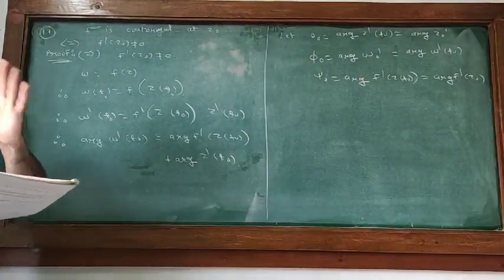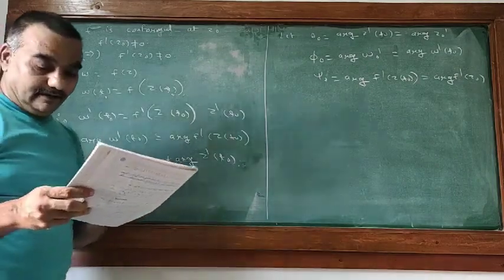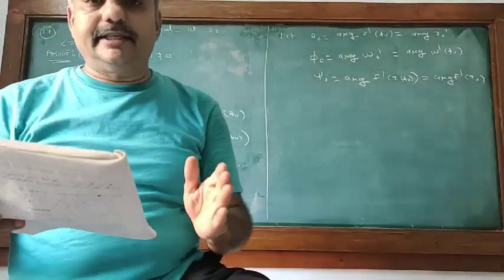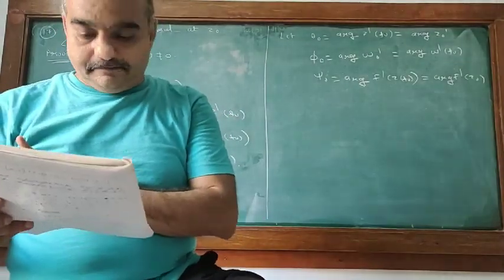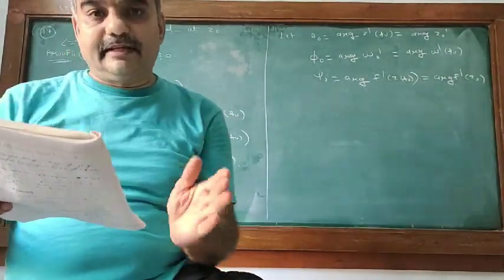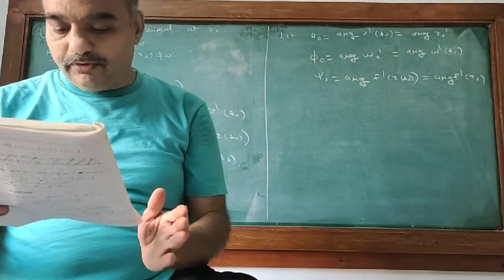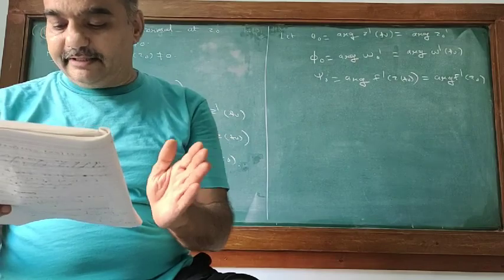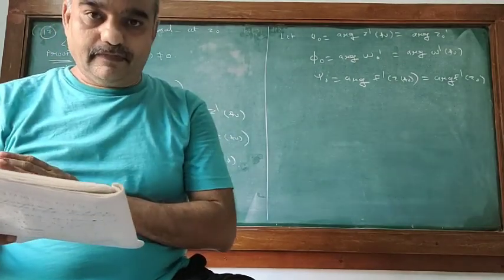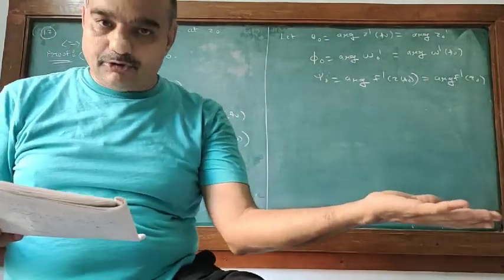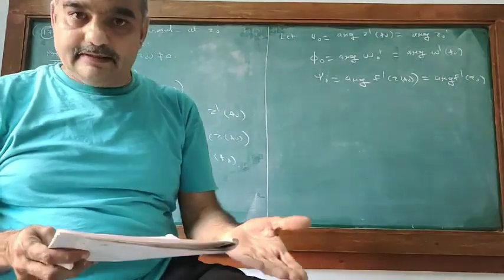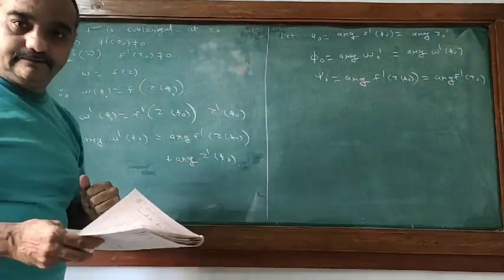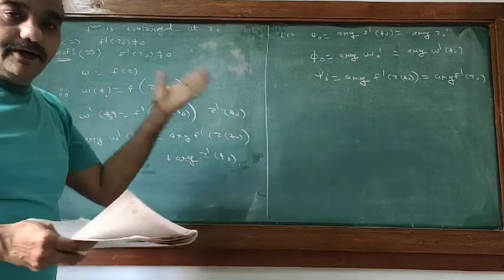Now let there be two smooth curves C1 and C2 passing through z0, and let theta 1 and theta 2 be the angles of inclination of the tangent lines to C1 and C2. Where they match, we have to show, to make it conformal using the property of conformal.